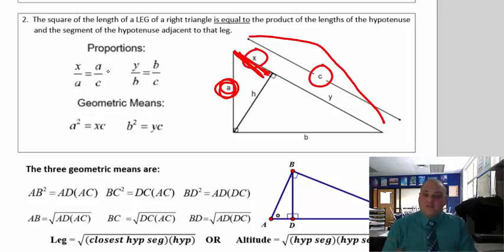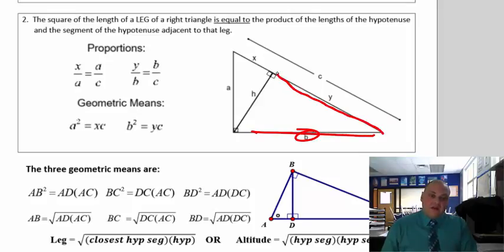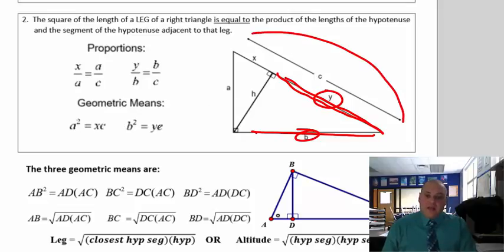X and C are used to find A. If we want to find B, the other leg, it's the other hypotenuse segment, Y, and C. And that's what happens down here.